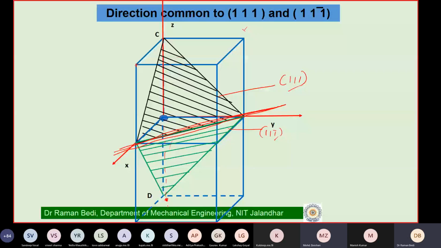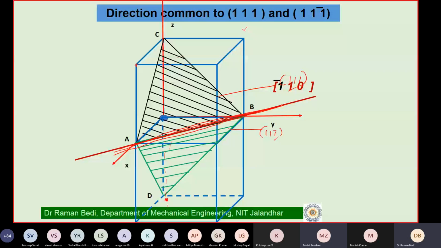We will try to find the indices of this direction. You can see it on the unit cell also, and we will try to solve it using the V-zone law also. So if I say this is the direction which is common to 1, 1, 1 and 1, 1 bar 1, the indices of this direction are bar 1, 1, 0.